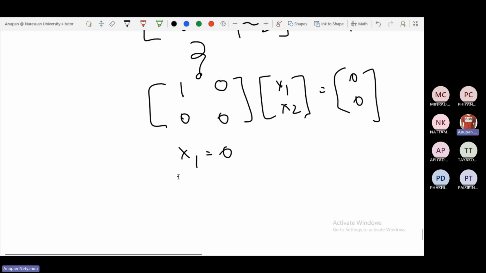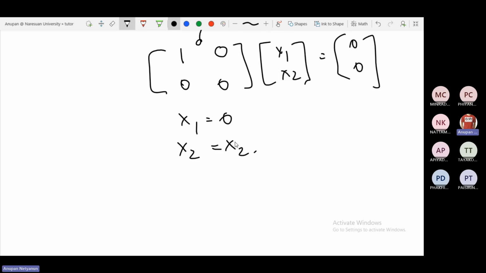So x2 equals x2, and in this case x2 can be anything. Let x2 equal k, any real number.